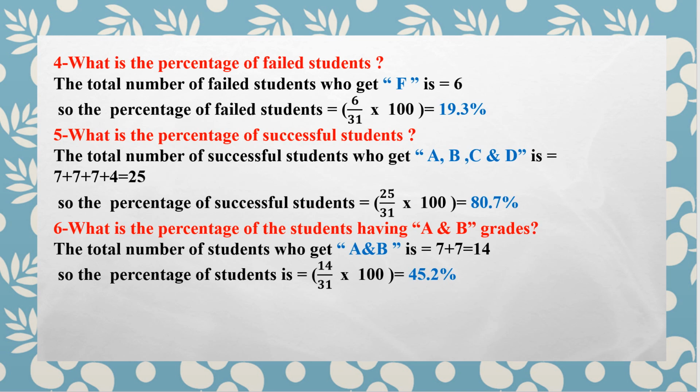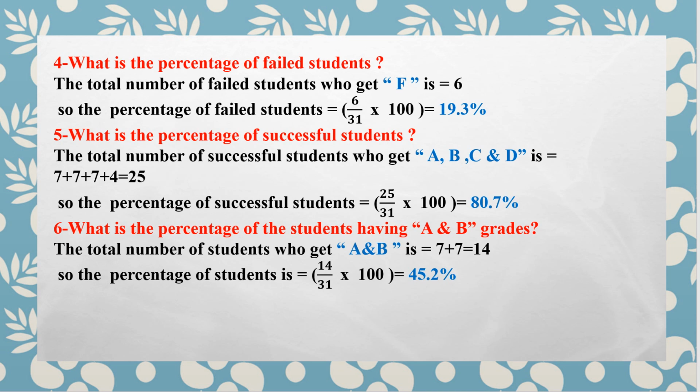Question 5. What is the percentage of successful students? Successful students are all students who get A, B, C, and D. So the total number of successful students equals 7 for class A, 7 for class B, 7 for class C, and 4 for class D, and this equals 25.